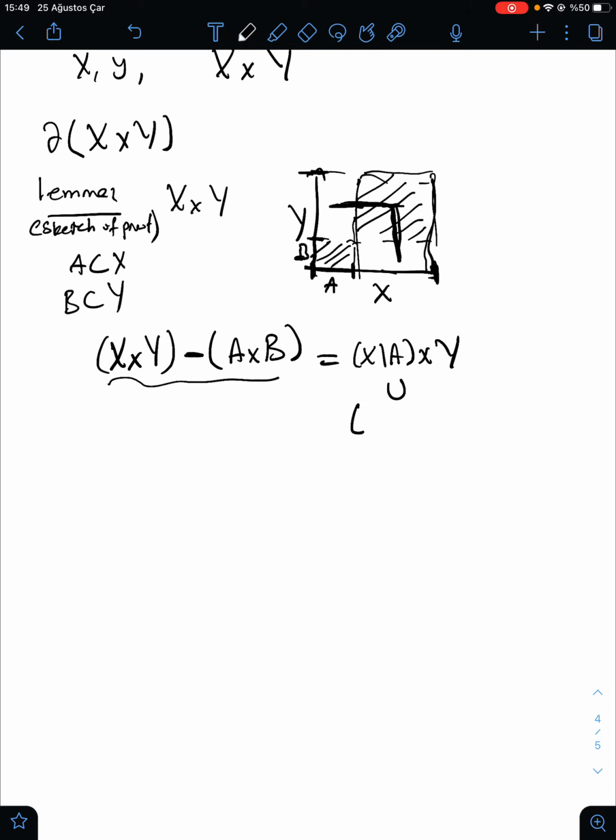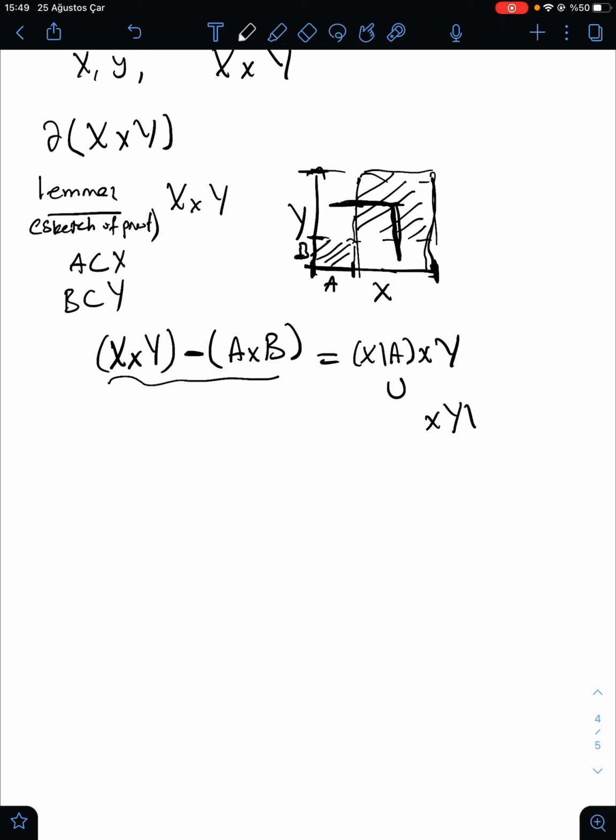a similar way in the second part: you unite with Y minus B with the whole X. So it's like the Leibniz product rule in differentiation. You unite this rectangular box with that rectangular box.